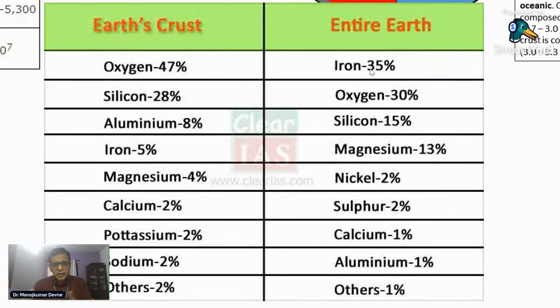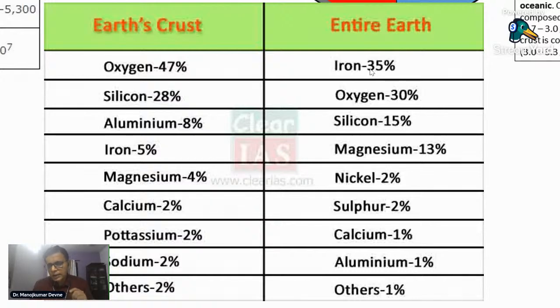Let us say calcium: half of the calcium content of the entire Earth is in the crust. And you could similarly compare the percentages in the crust and the entire Earth as such.